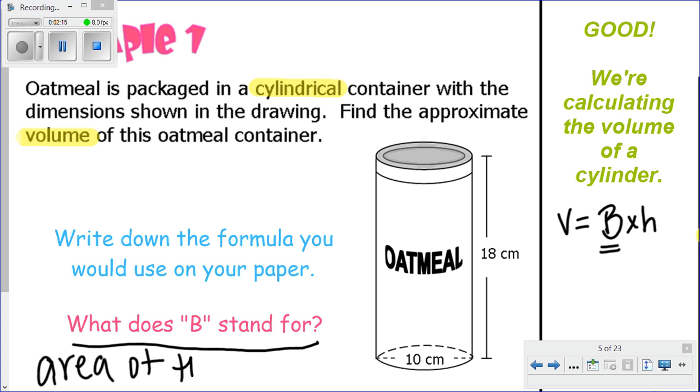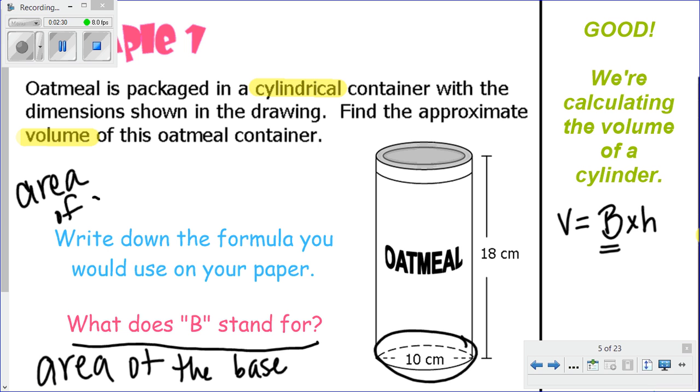of the base. And what kind of base do we have here? Again, we've already talked about it. It's a circle. And how do we find the area of a circle? So that's one thing that we need to know. Area of a circle.